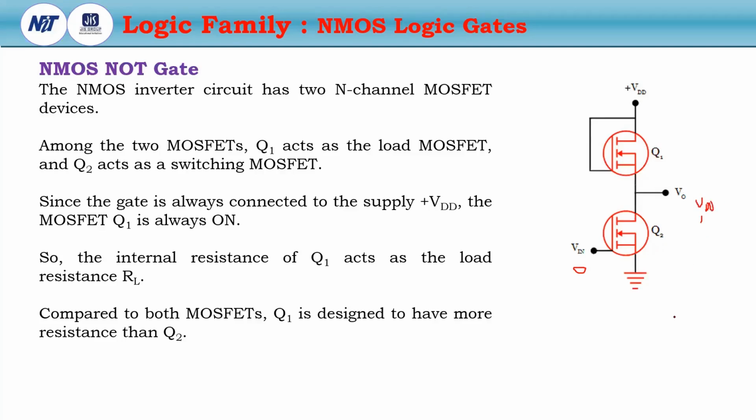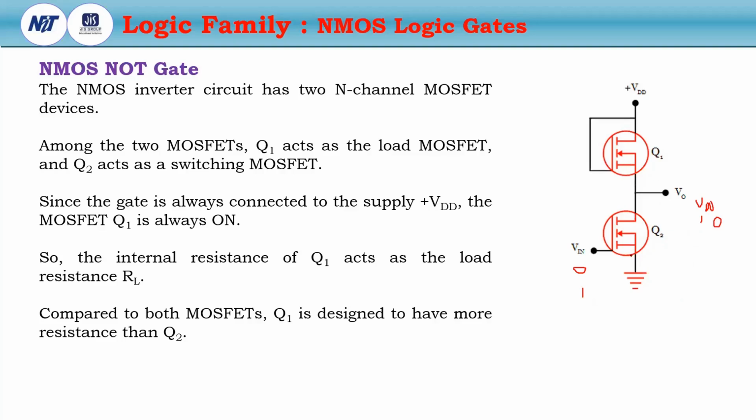So this will be logic 1. If the input is 1, then Q2 will be turned on, and the current will flow through Q1 and Q2 to ground. So V0 will be logic 0. So this is the basic principle of the NMOS inverter.